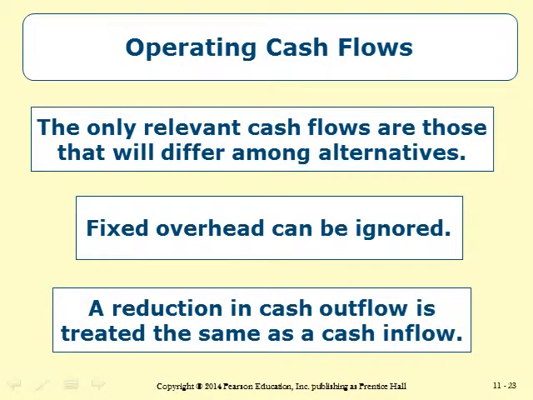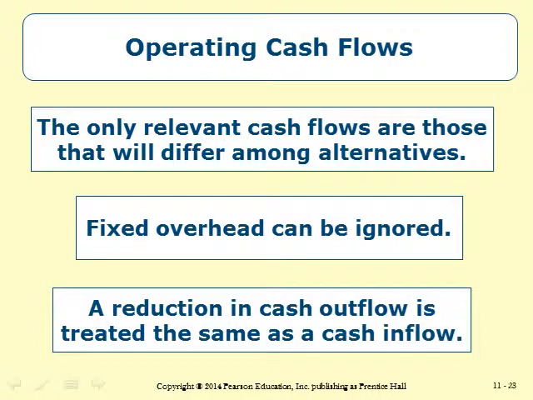Many of these effects are difficult to measure, and three points deserve special attention. The only relevant cash flows are those that will differ among alternatives. Often fixed overhead will be the same under all the available alternatives. If so, you can safely ignore it. In practice, it's not easy to identify exactly which costs will differ among alternatives. Remember that you are predicting cash inflows and outflows, not revenues and expenses. Therefore, you should ignore depreciation and book values.